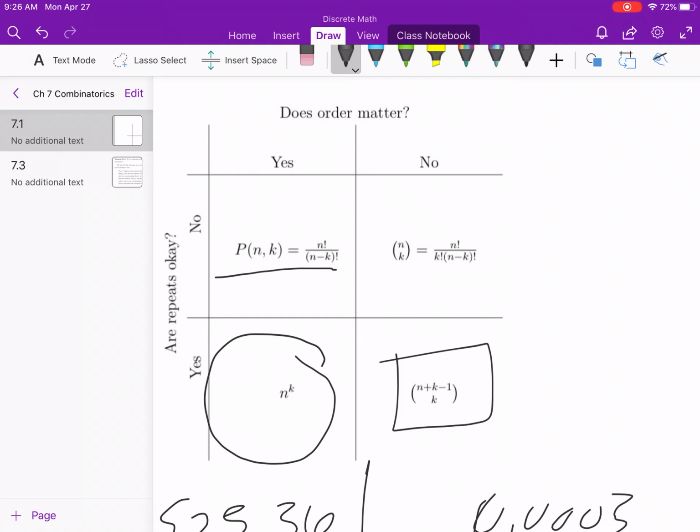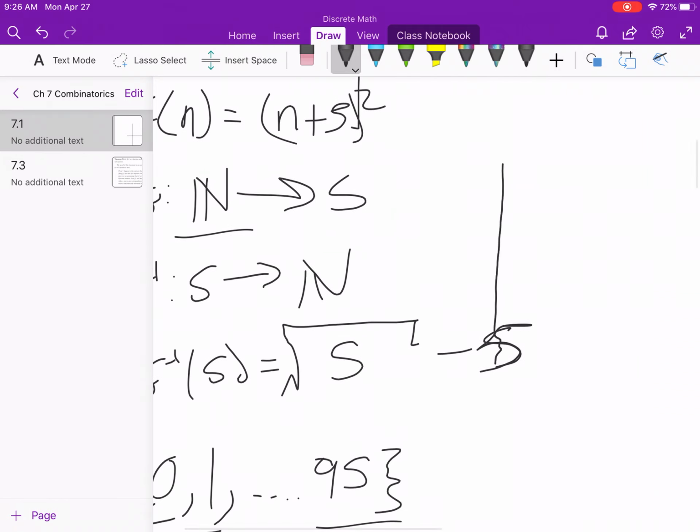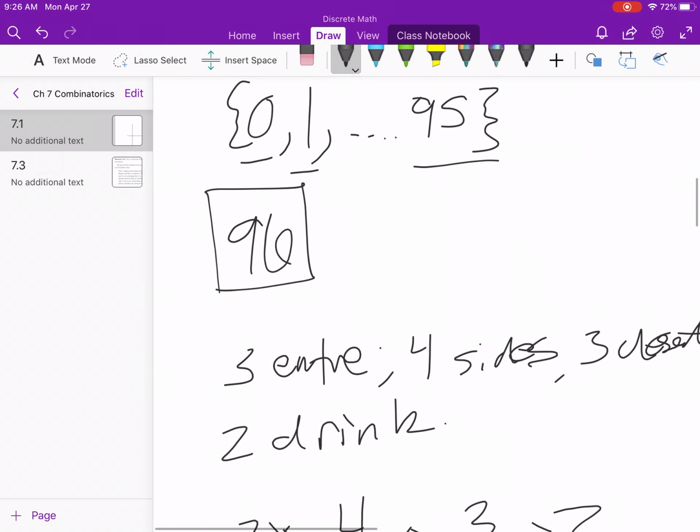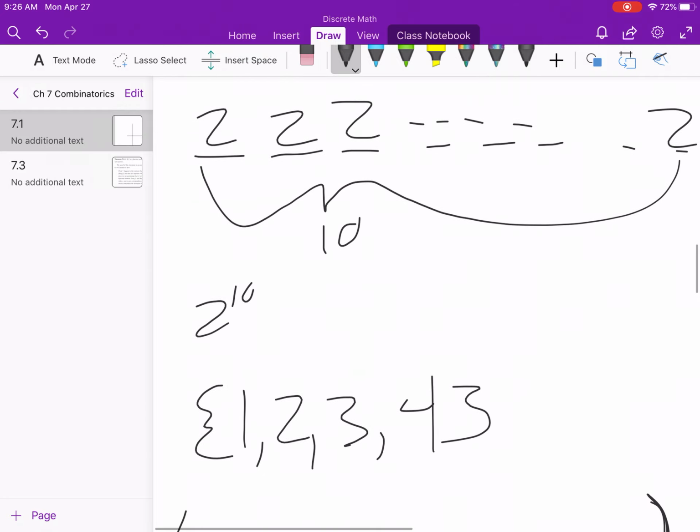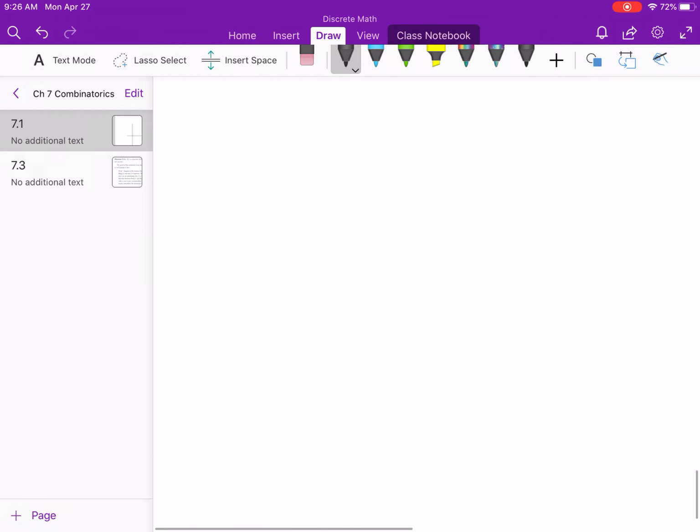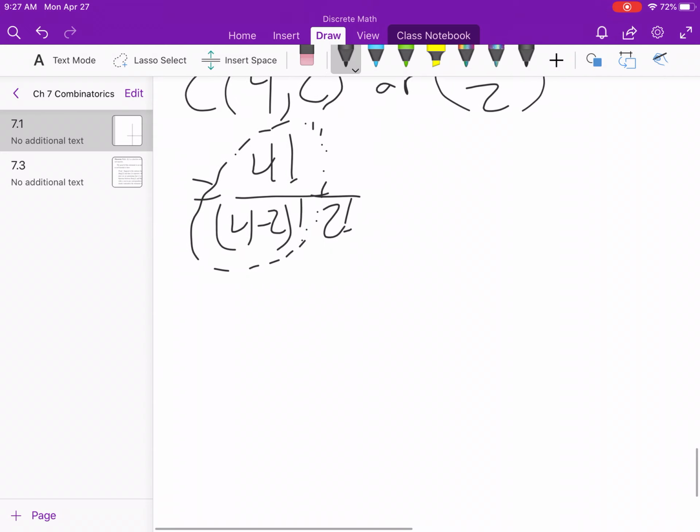Let's think about it. One way I can think about it is, if I'm drawing 5 cards, 4 of them are going to be the same. And really, what am I drawing from?